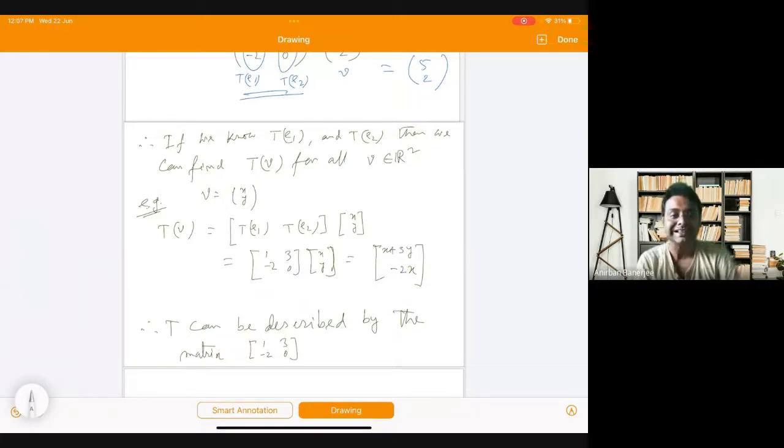So that's why a linear transformation can also be represented by a matrix. It's not the complete story. There is a role of a basis that we'll discuss in the next class.